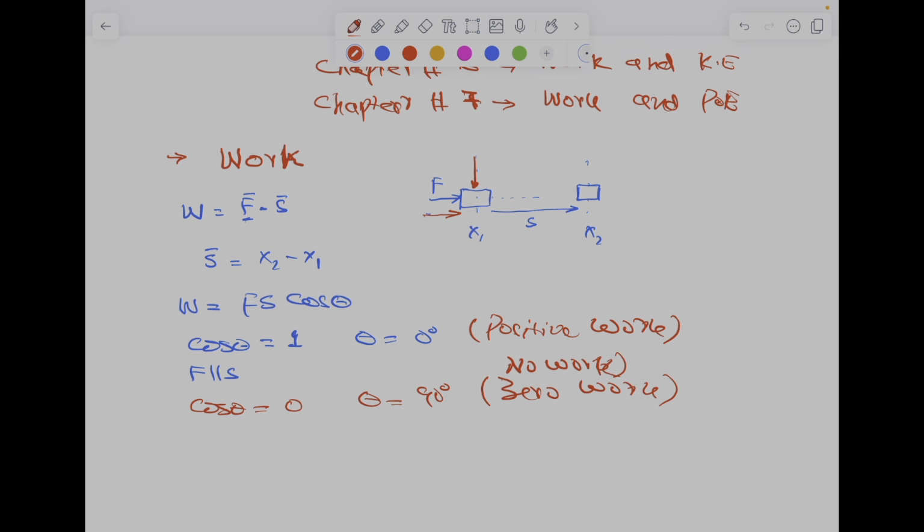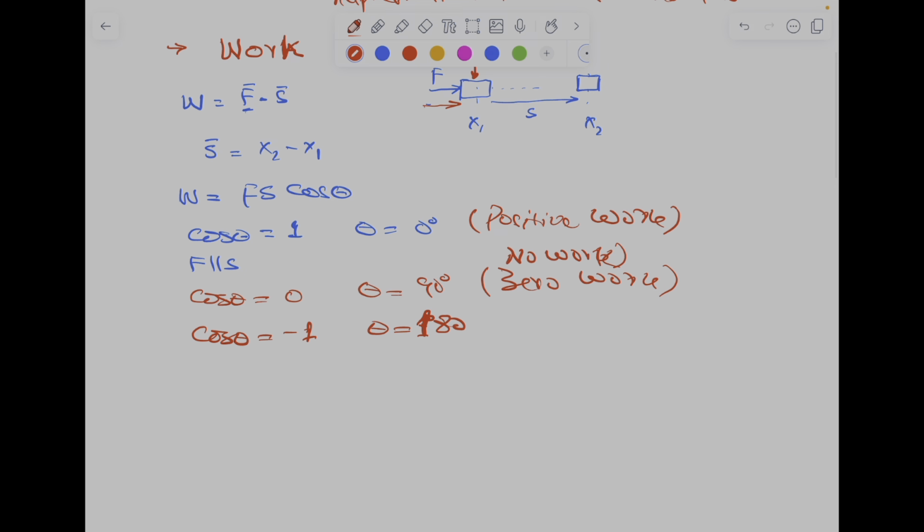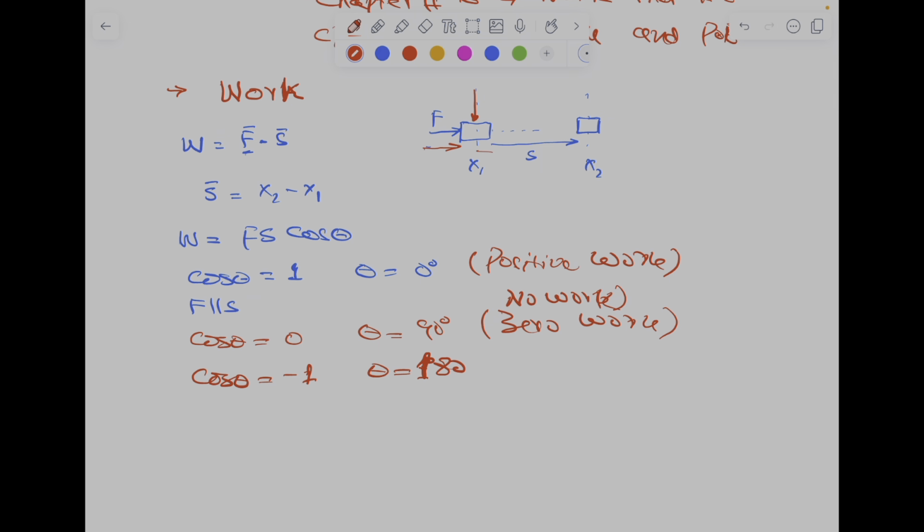And if you are applying a force in a certain direction and cos theta is -1 when theta is 180 degrees, sorry. So you're applying a force in this direction and the object covers a distance in this direction. This is the condition when the force and the displacement are anti-parallel.